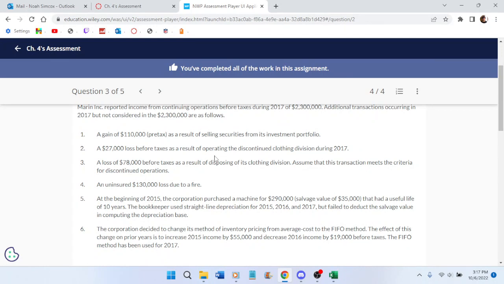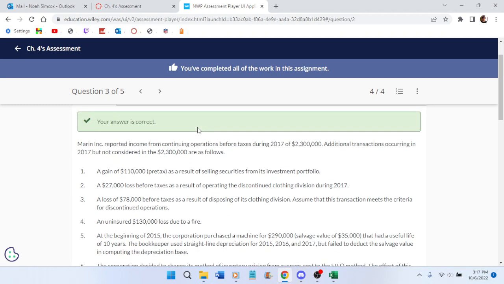Additional transactions occurred. We must keep track of this. So this is a gain. Okay, here's what. We don't need to calculate the tax on this specifically. Okay, a 20-something loss before taxes as a result of operating the discontinued clothing division during 2017.